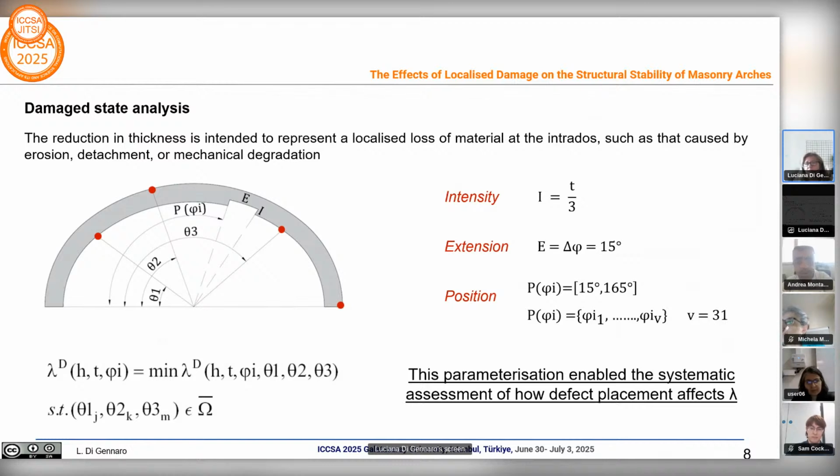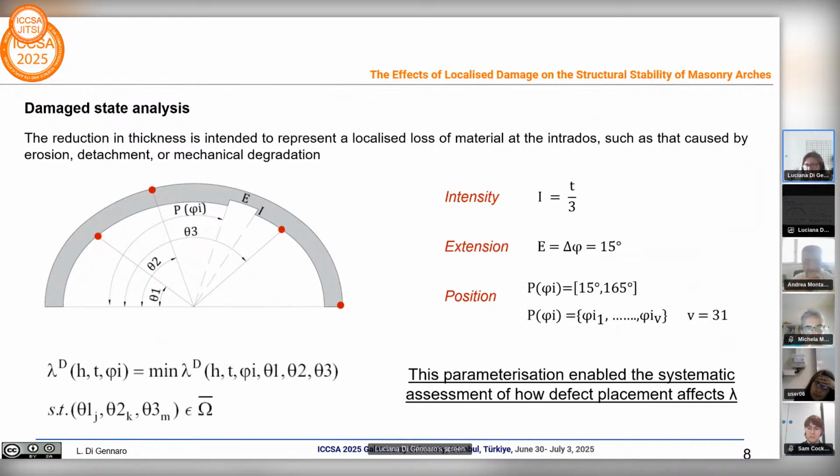The first was assumed as a third of the thickness, and the extension was modeled by a sort of angular distance. So we modeled it as the initial angle phi with I, and the second one posed with an increment of 15 degrees.